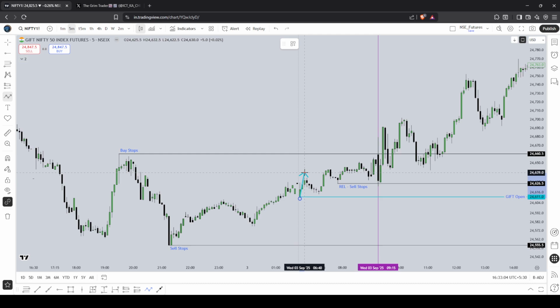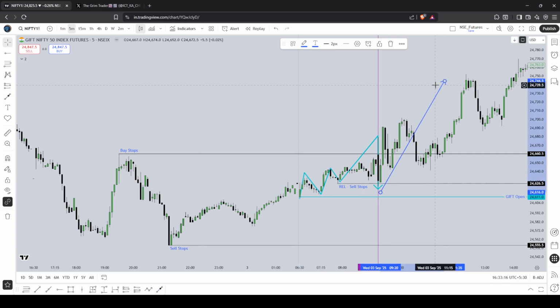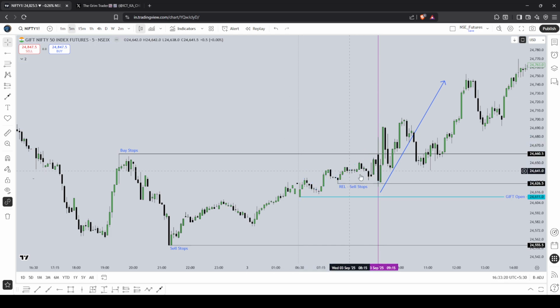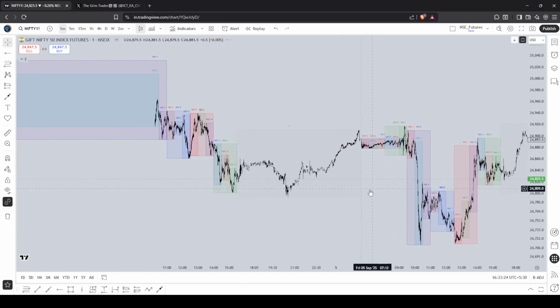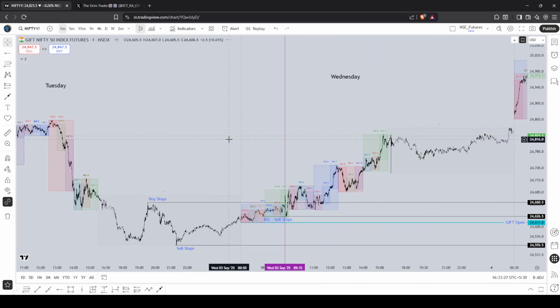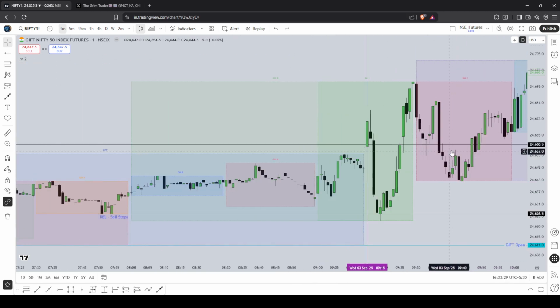Higher highs and higher lows. It went up to here, came back to this low, and then continued higher. So this is the trend continuation model. It's working right here as well. Reversals I will teach maybe one day, but not today.